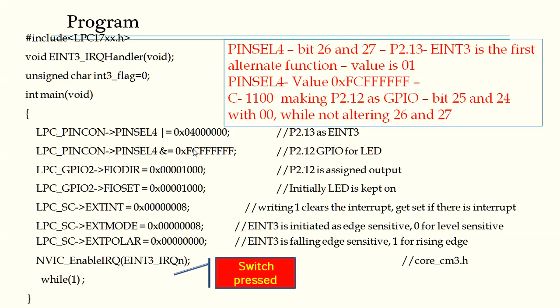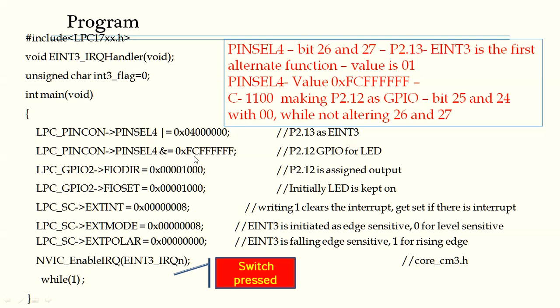Our main concern is only with bits 24, 25, 26 and 27 of the PINSEL4 register. And 24 and 25 are associated with P2.12, and there we have the LED connected. When the LED is connected, it means that it is a normal GPIO function, and hence bits 25 and 24 will be 00.